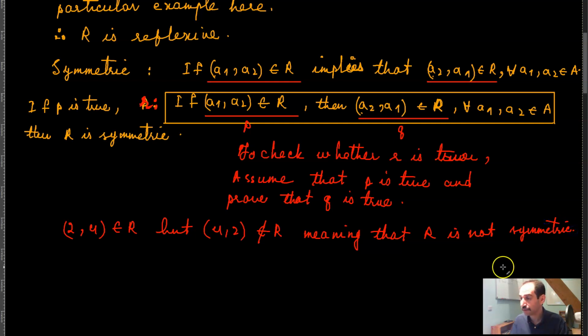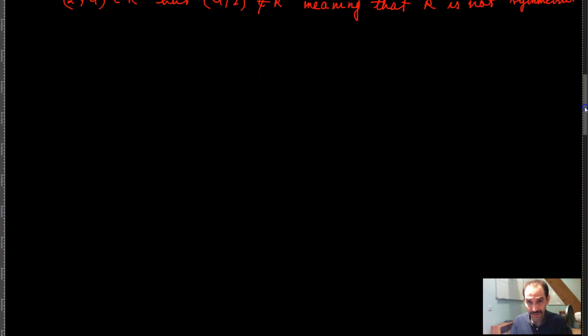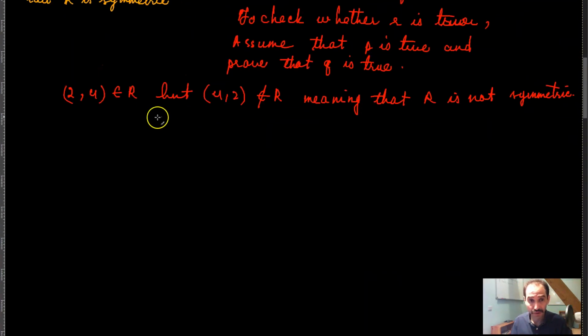Let me take a look at this solution here. Okay, so the next part is basically whether R is transitive or not. We want to show whether R is transitive, right?